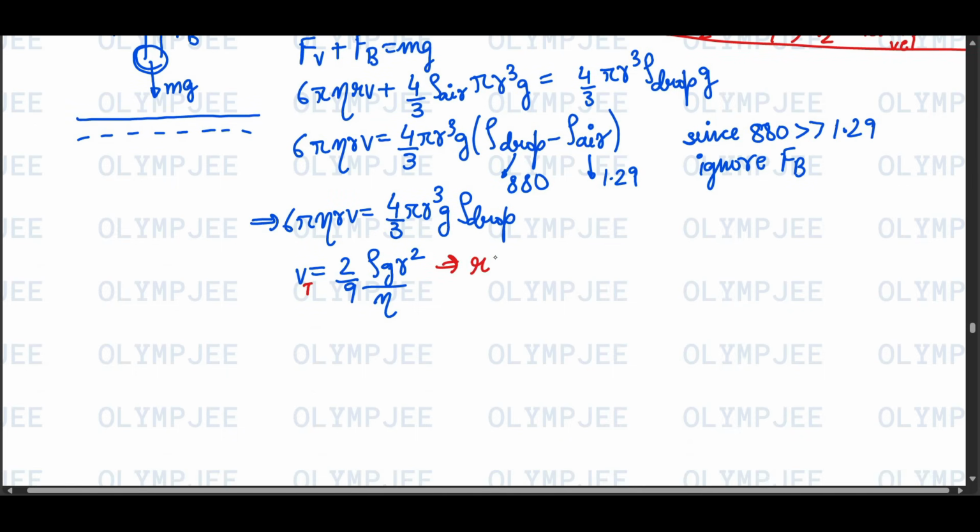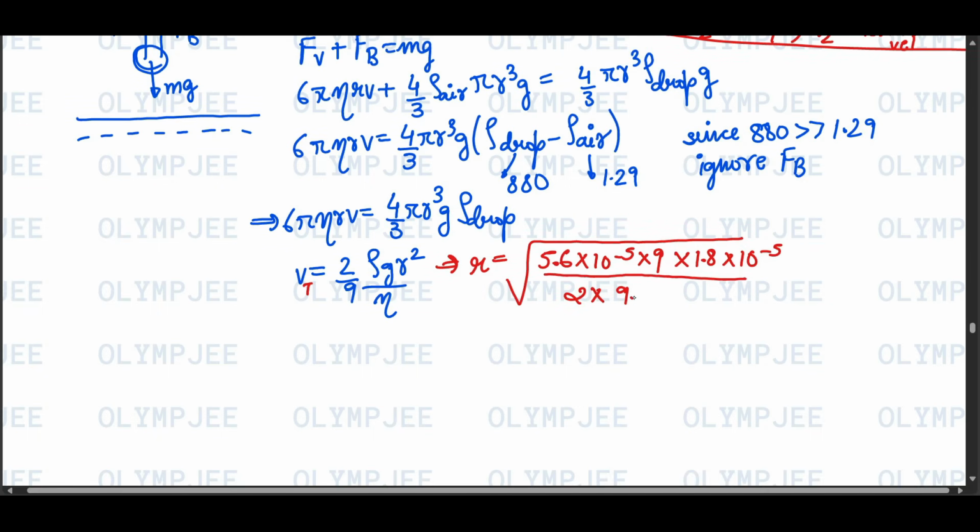So this will give us r as 5.6 multiplied by 10 raised to power minus 5 multiplied by 9 multiplied by 1.8 multiplied by 10 raised to power minus 5, divided by 2 multiplied by 9.8 multiplied by 880.